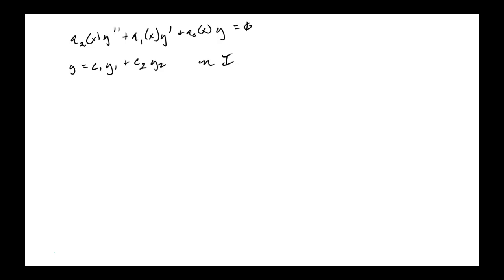It turns out that we can construct a second solution, y2, of a homogeneous equation, even when the coefficients are variable, provided we know the non-trivial solution, y1, of the differential equation.